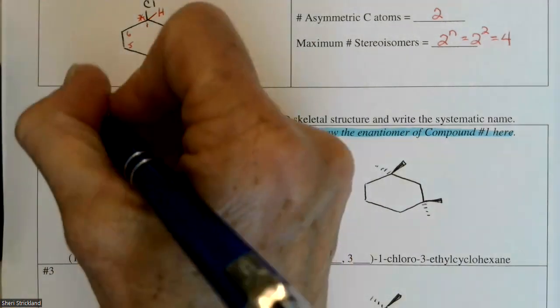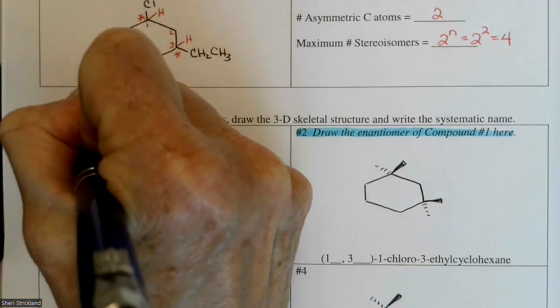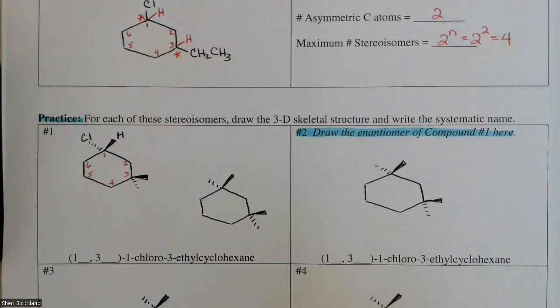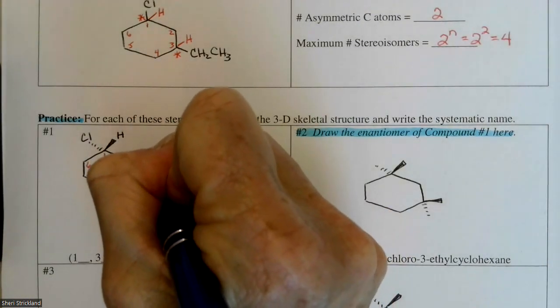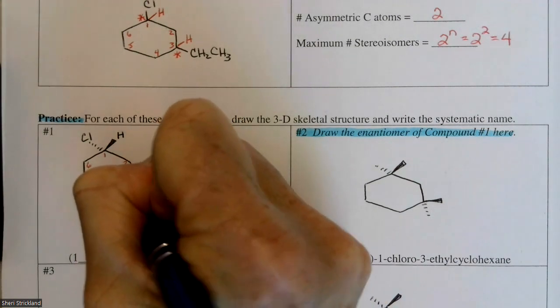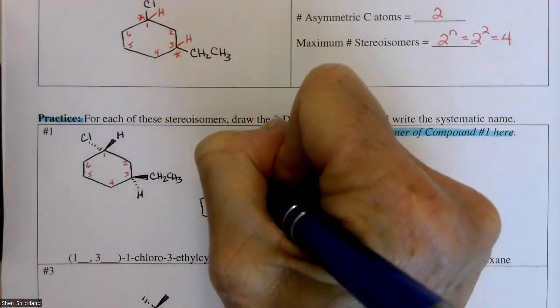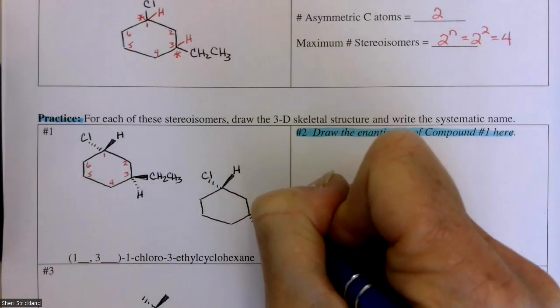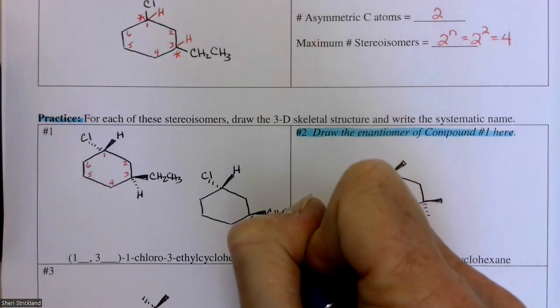So I decided to put the hydrogen on the up bond and the chlorine on the down bond on carbon 1, and the ethyl on the up bond and the hydrogen on the down bond of carbon 3. I'm going to do that twice because these are just 2 different drawings of the same stereoisomer that we're working with here in this first box.